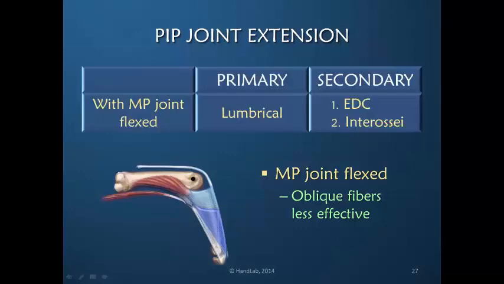So what I would say is when the metacarpophalangeal joint is flexed, the lumbrical becomes the primary interphalangeal joint extension force, and again the extensor digitorum communis and the interossei now are second. The position of the metacarpophalangeal joint determines which fibers are more active for PIP joint extension.